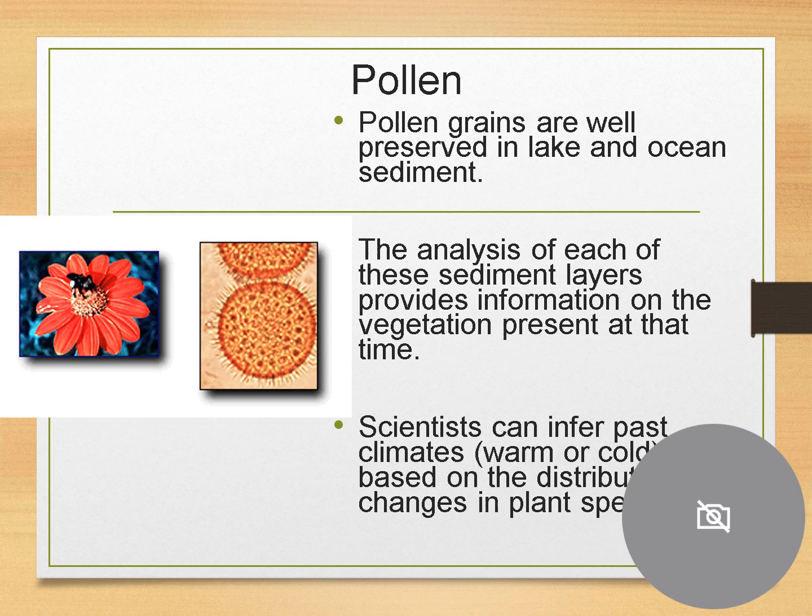Pollen is a part of the plant and it is well preserved. So if you have a chance to have pollen, you may have information about vegetation dynamics. Then scientists can infer whether past climates were warm or cold based on the distribution or change in the plant species.